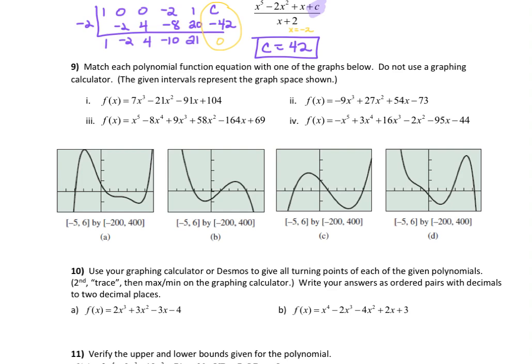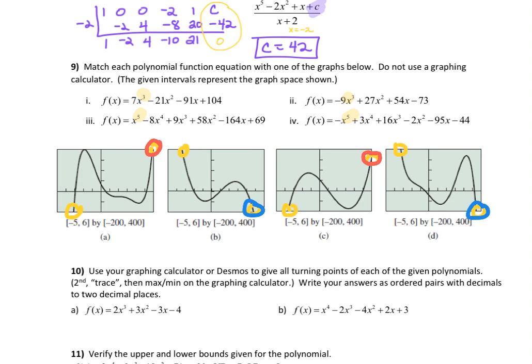For example, I see that all of the functions have odd end behavior, and all of the equations have odd degree. So that's not going to help me. But I see that on the right side of the graphs, 2 are up and, let's get a different color here, 2 are down.